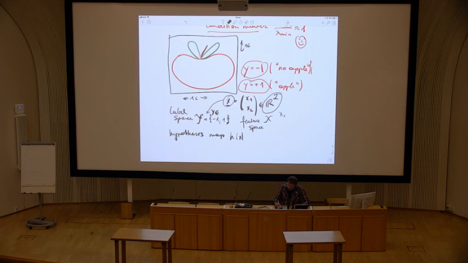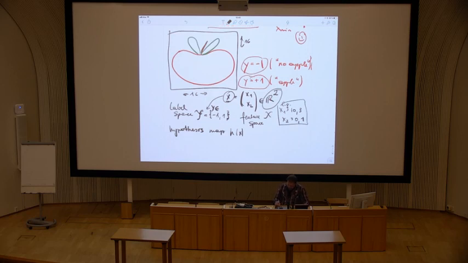For example, x1 is 10.3, x2 might be 0.1. So a hypothesis map, for discrete label spaces, we also call a classifier, which takes the feature vector as input and outputs a predicted label, which is also either -1 or 1.